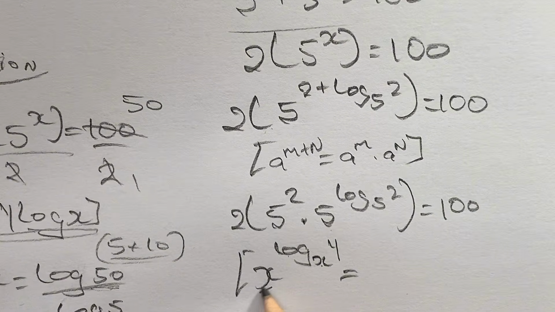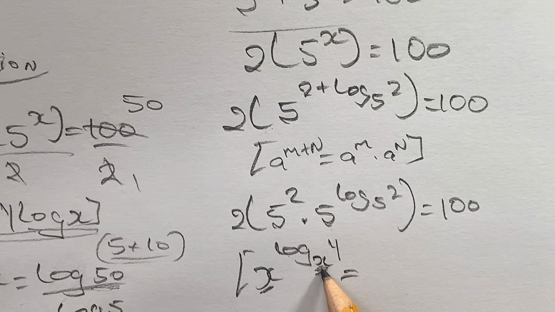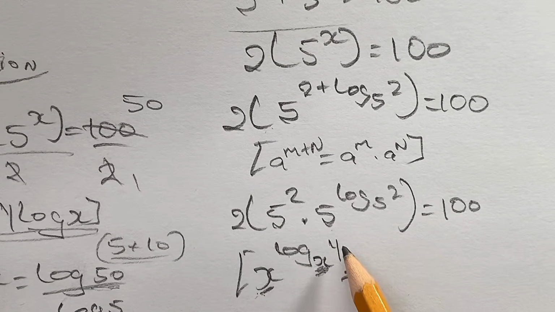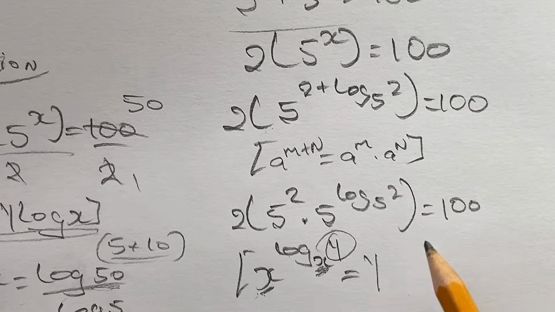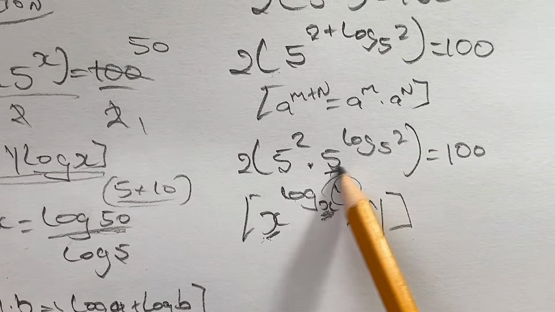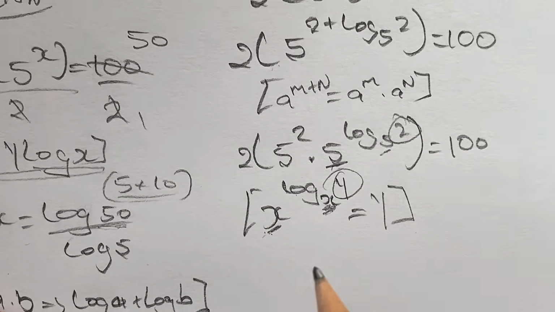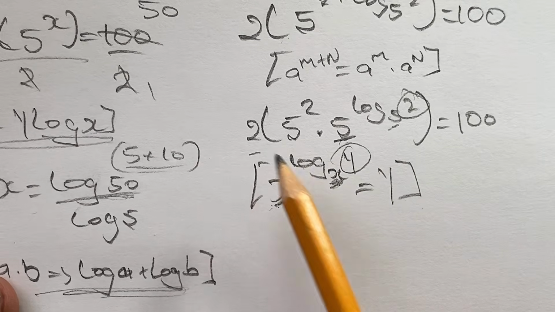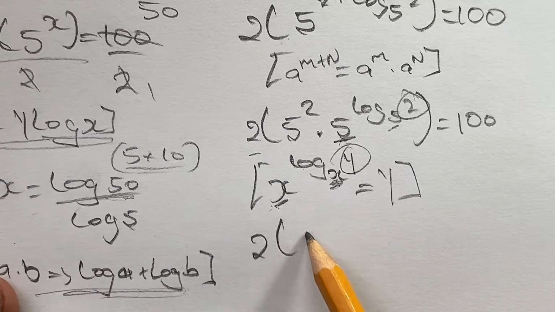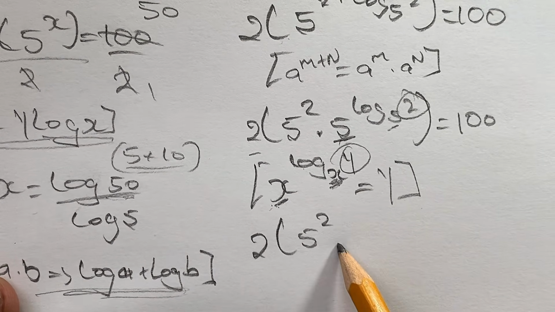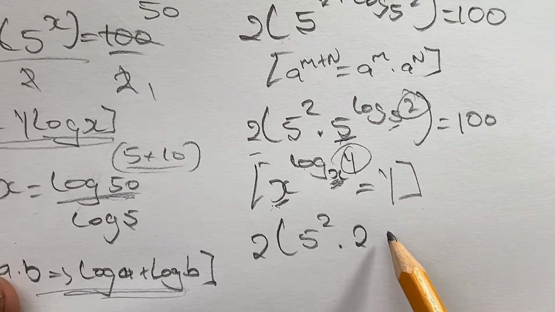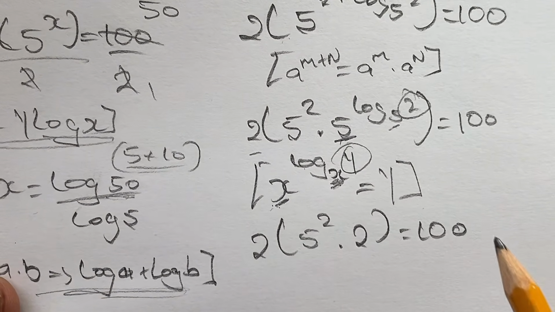So here in the base we have x, and the base of the exponent we also have x. So when these two are matching, we know the solution is just y. So what we're simply saying is that where we're seeing 5 here and 5 here, the solution is 2. So here we'll say 2 times 5 to the power of 2 times 2 is equal to 100.